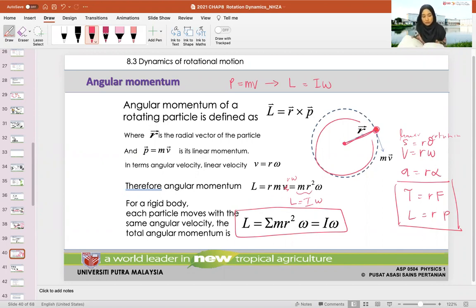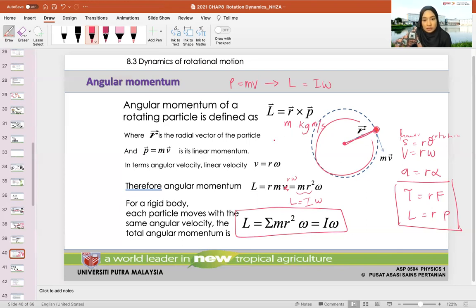So there's no special SI unit for angular momentum. It's just what it is. So this guy is in meters, right? P is mv, so it's kilograms, and v is meters per second.